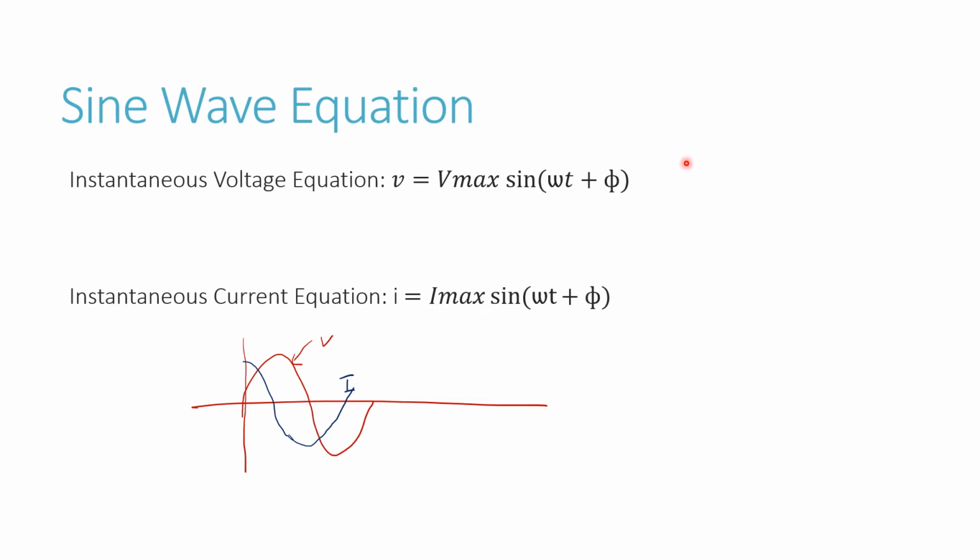So if omega t is an angle, omega would have to be an angle per time, so that when you multiply it by t, you get an angle.